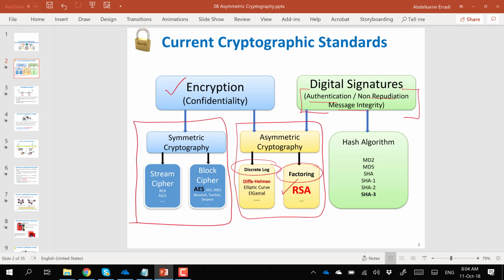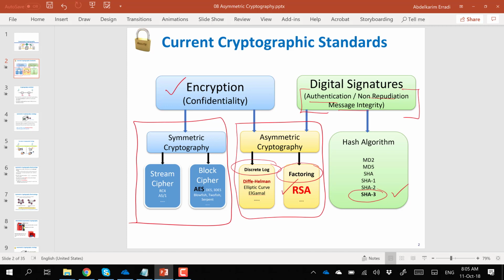And by the way, recently, this is the most important hash algorithm. We will see the details. We will cover those in a very lightweight way and maybe spend a little bit of time on SHA-3, which is the latest standard for hashing. So this gives us the big picture of symmetric and asymmetric cryptography and how they are linked and what their capabilities are in terms of ensuring security properties.